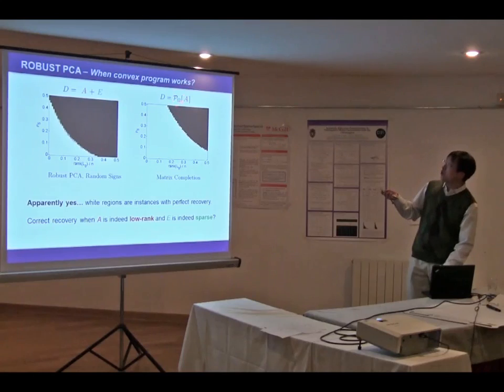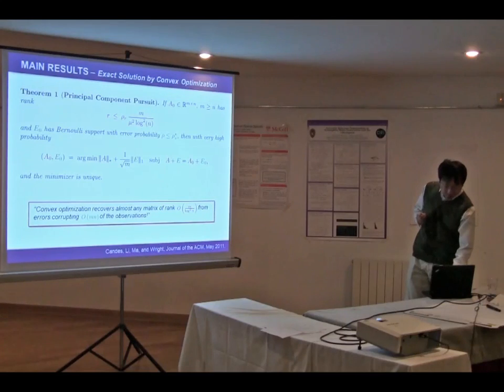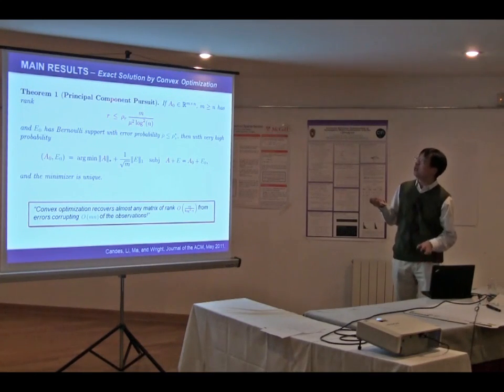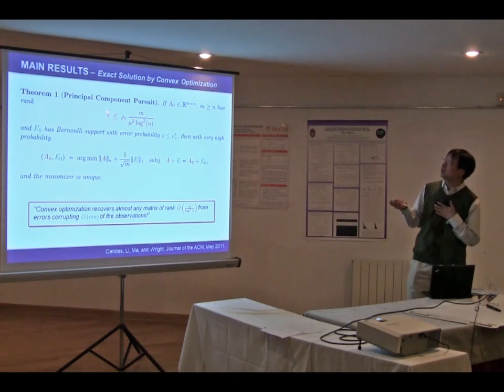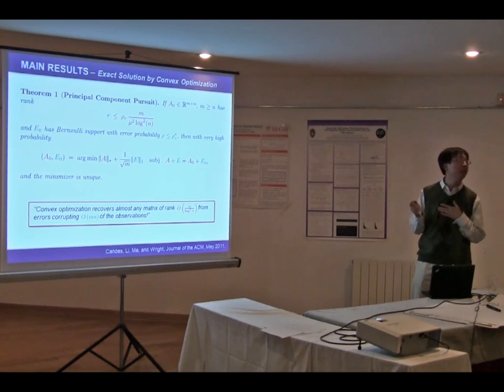Also, if you know which entries are corrupted, this becomes a matrix completion problem, and then you have a larger working range. Then you can prove that under fairly broad conditions, when the rank is bounded from above almost proportionally to the dimension, and the error can be a constant fraction of the entries, solving the convex optimization indeed gives you the ground truth.